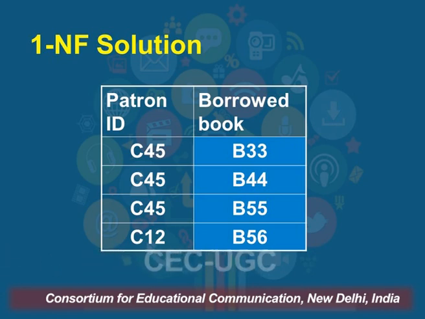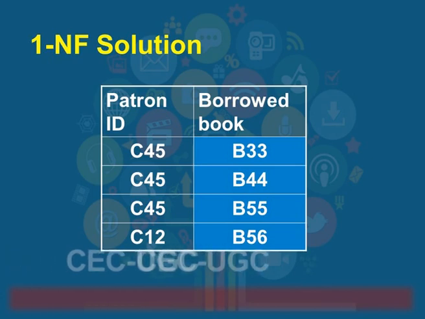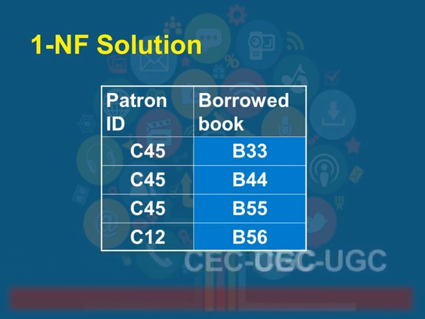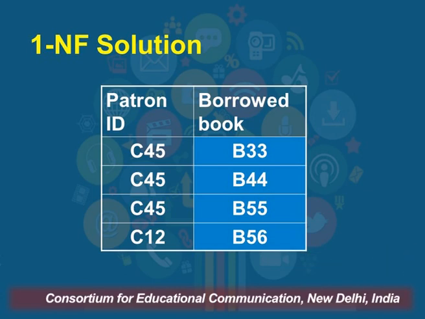So here C45 has a book borrowed B33, also B44, and also B55. Sorry for the mistake, B33 is repeated twice, please take it as B55. Then C12 has B56. So this is the solution of the previous table, which was not in the first normal form.